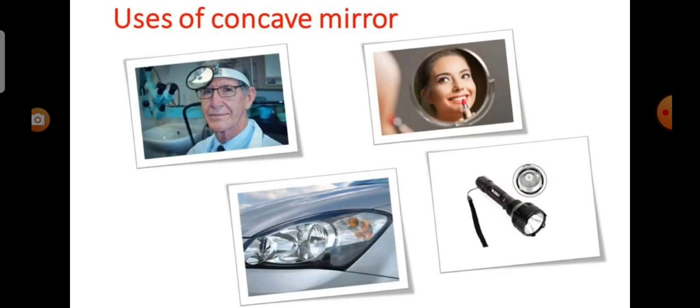Here our face will be seen magnified. Other applications: concave mirrors are also used as reflectors in torches, headlights in vehicles, and searchlights to get powerful beams of light. Large concave mirrors are used in solar heaters.